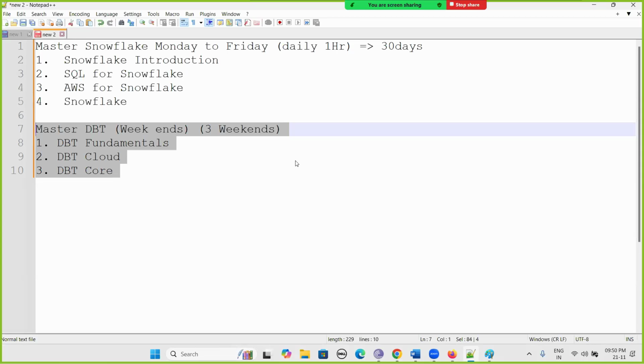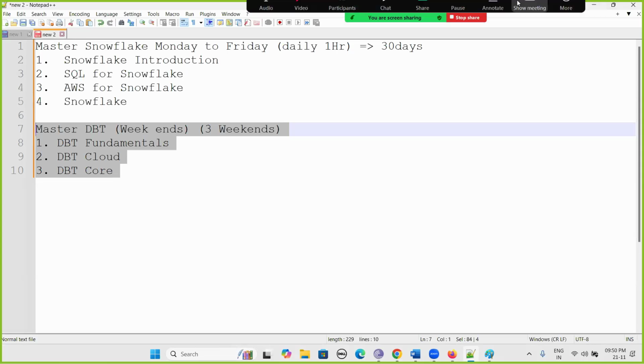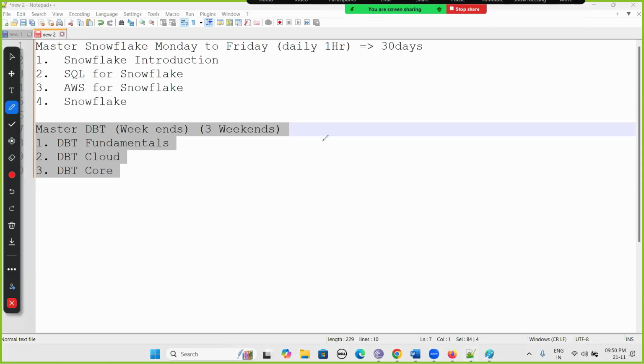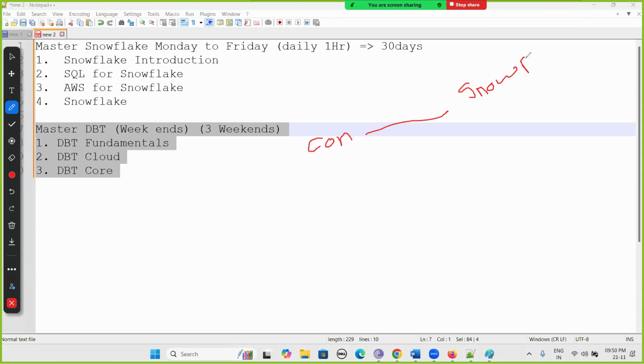Concepts are the same. We use a connector here, a connection with Snowflake.